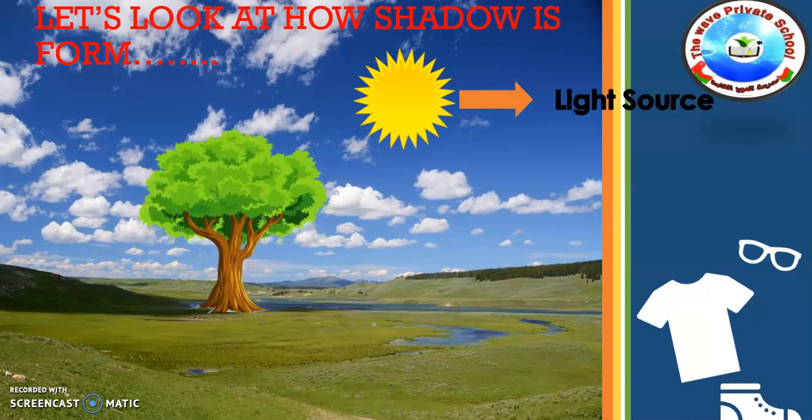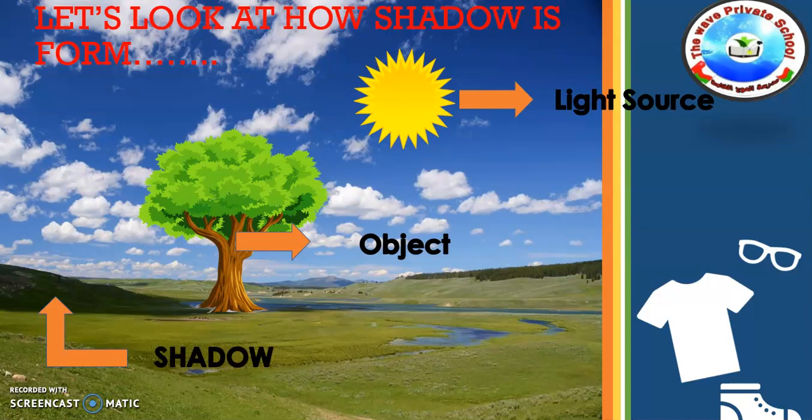And we have here a tree. So this is our object. And I want you to be aware of this dark area in here. Do you know what this is? Okay, that is what we call a shadow.